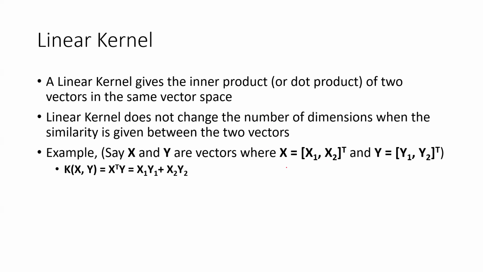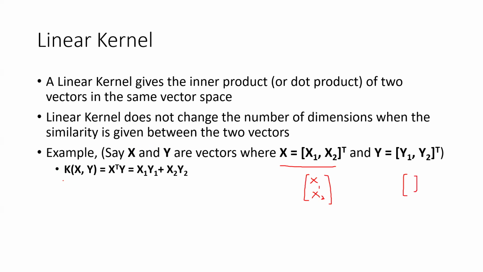So this is an example for that. If x is (x1, x2) transpose, transpose means this should be ordered like this, right? Similarly, this should be (y1, y2), the y vector.